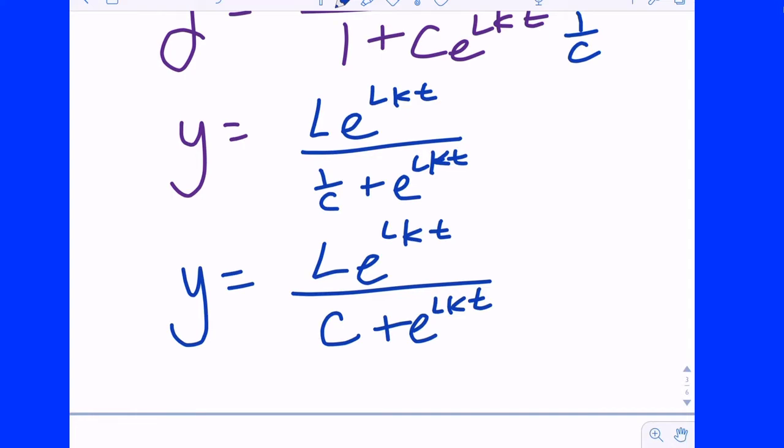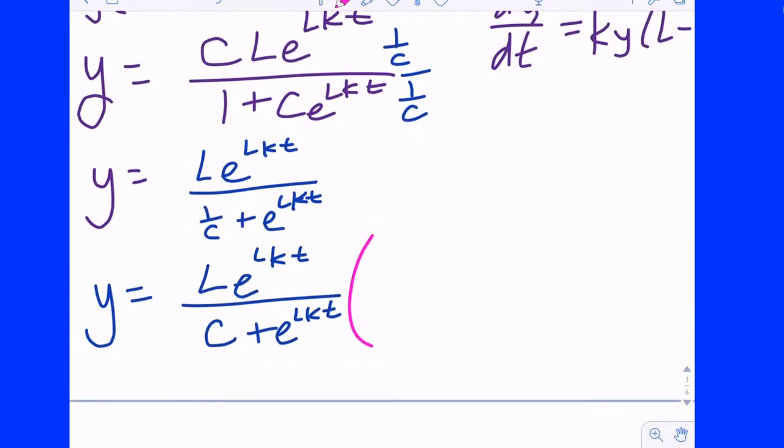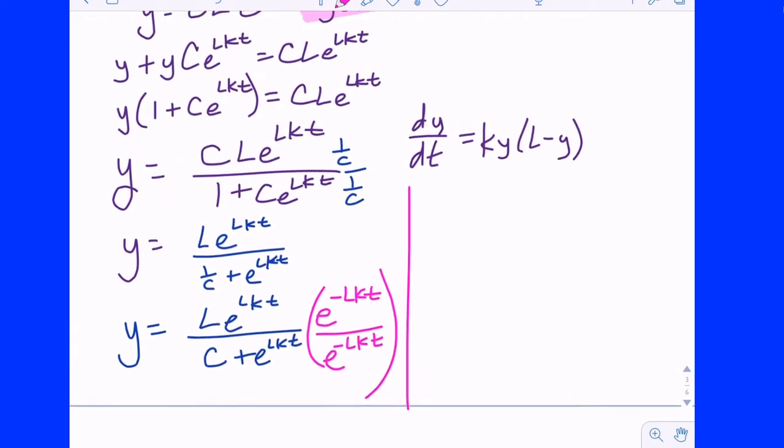That's already looking kind of better. Now I'm going to do something else. I'm going to multiply by another clever form of 1, and it's not 7 over 7. It's going to be E to the negative LKT power over E to the negative LKT power. Let's see what that does for me.